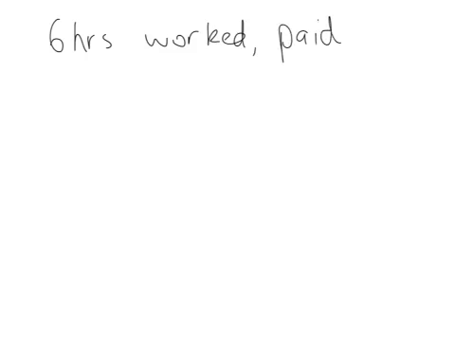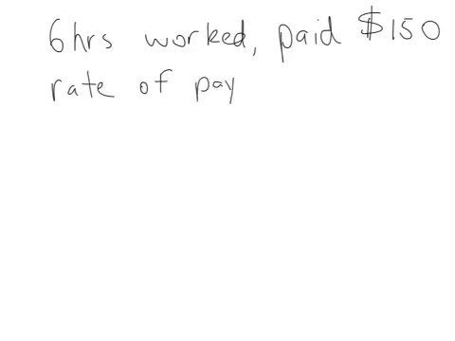Now let's look at an example with some money. Let's say I worked for 6 hours and I was paid $150. Well, I need to work out my rate of pay. We're not going to go 6 divided by 150 because that's really not going to tell me anything.